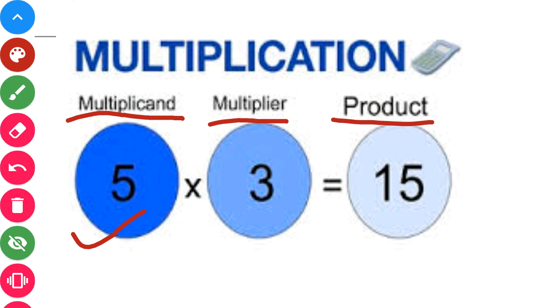The number to be multiplied is called multiplicand. Means जिस नंबर को मल्टीप्लाई करना है वो मल्टीप्लिकेंड होता है. हमें 5 को मल्टीप्लाई करना है तो यहाँ 5 मल्टीप्लिकेंड है. Now second is multiplier.